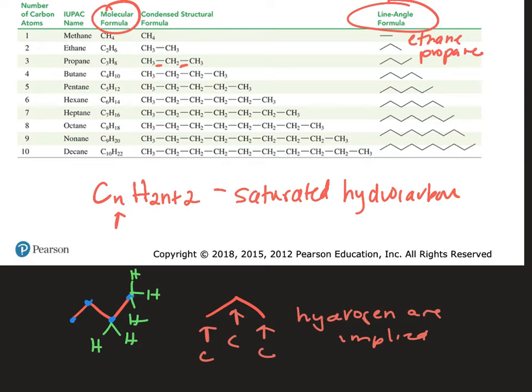We're going to use these line angle formulas to represent different organic structures. So from a rule perspective, we need to remember that the carbons are at each point.